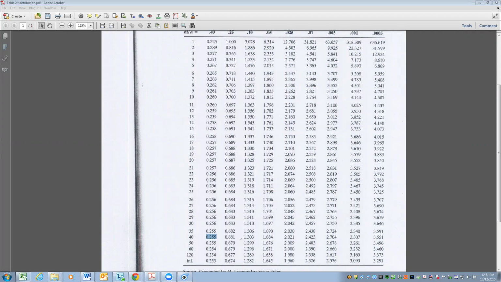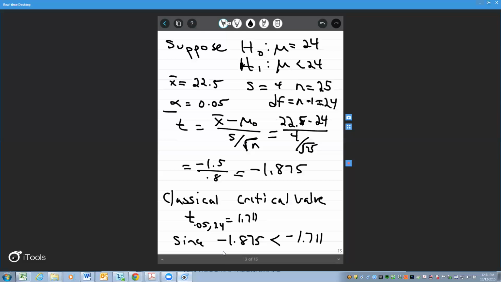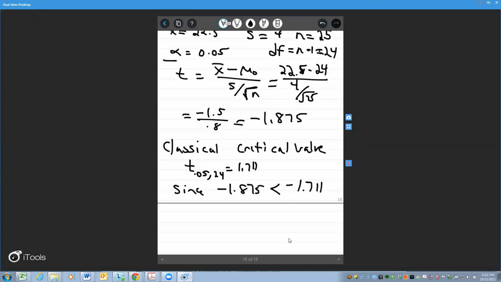Well, since minus 1.875 is less than minus 1.711, since going 1.875 steps to the left is more than going 1.711 steps to the left, we reject the null hypothesis.